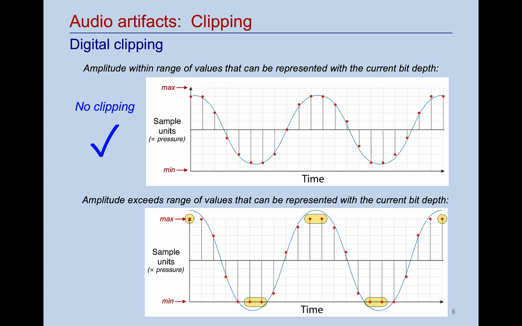As a result, the digitizer cannot produce output samples that accurately represent the shape of the waveform. Instead, it produces the maximum or minimum value that it is capable of given the bit depth. And so we get these inaccuracies in following the shape of the waveform at the minimum and maximum values, and this is what causes clipping.